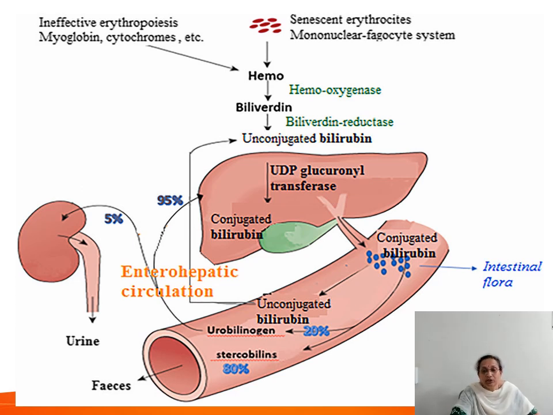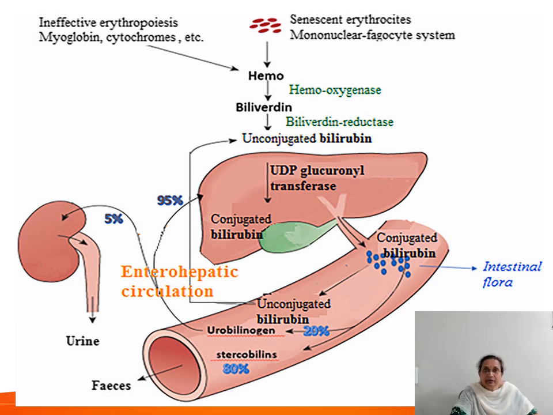Now, this conjugated bilirubin is secreted into the intestine through bile juice. In the intestine, 80% of that is going to be converted into stercobilins, and that is excreted out through feces.